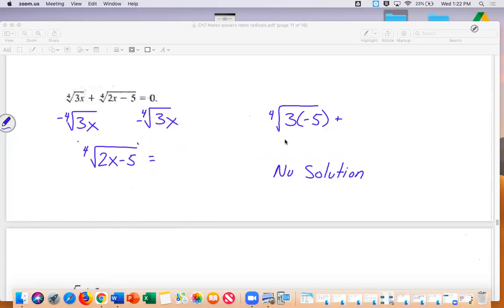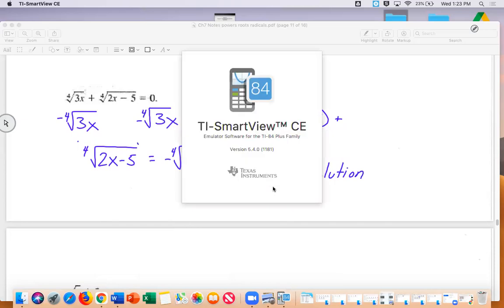All right, I need everybody to get out their calculator. All right, so everybody see in the work, Garrett, do you see where I got to this point? Okay, now with your calculator, we're gonna actually type some stuff in. Doesn't take long, but it does show you and will justify to you why it's no solution.